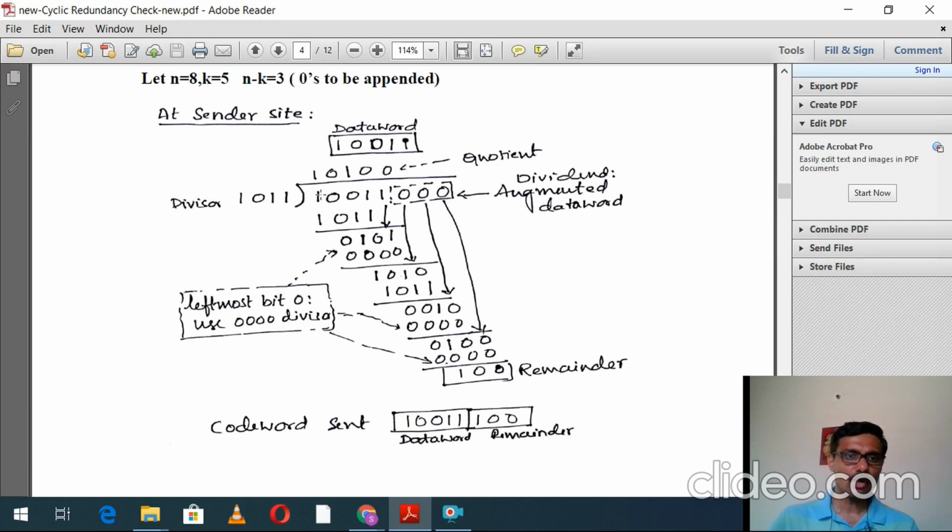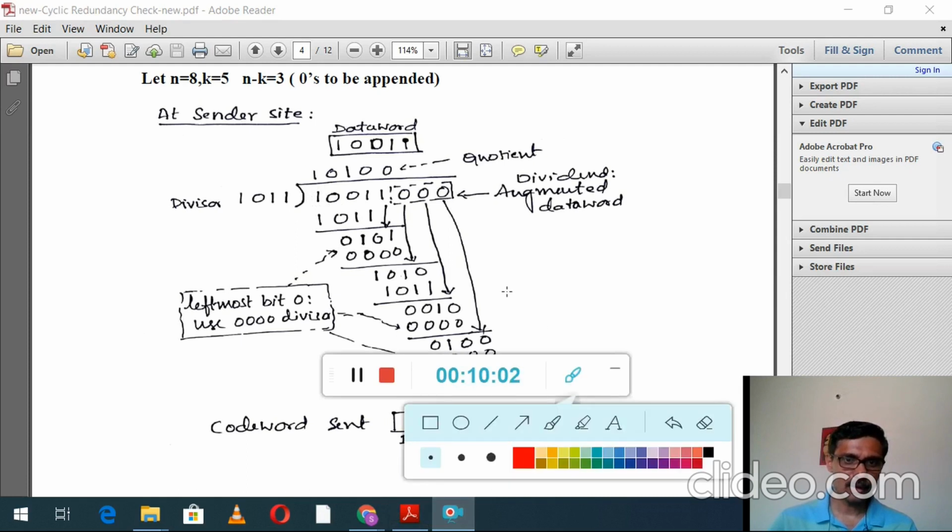One more point you have to remember: if the leftmost bit is 1, then you have to take 1011 as the divisor, and we perform the XOR operation.